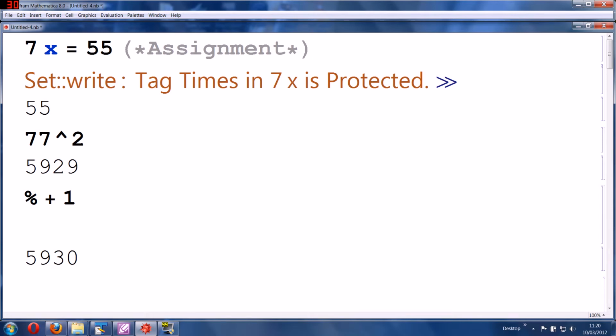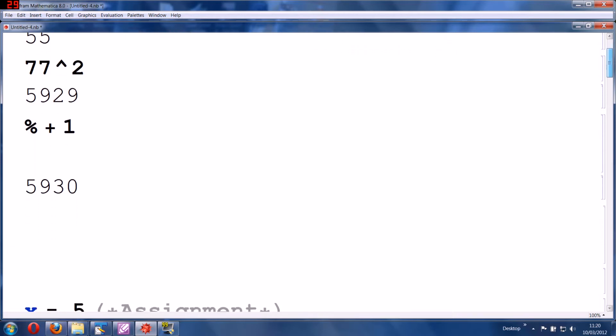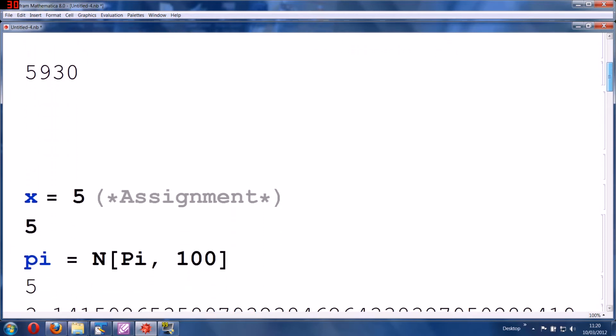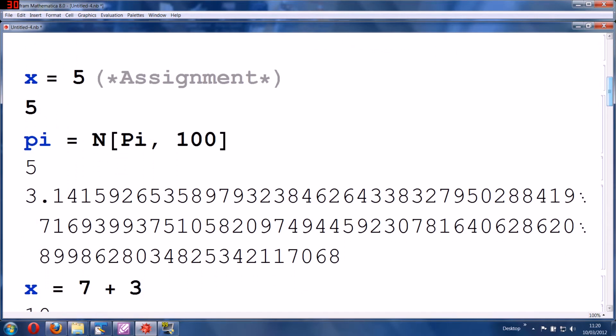So there's that, and then here we have pi. We have to specify the level of precision that we're going to be using. So once we've set the variable pi to 100 decimal places, is that 100 decimal places or 100 significant figures?